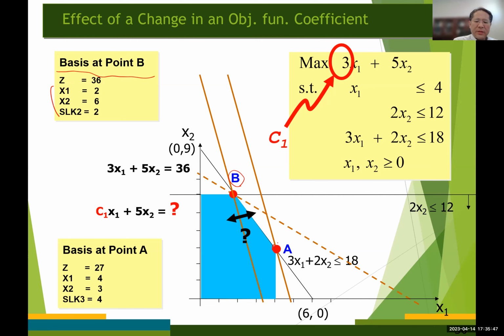But right now, at the new optimal point A, the basis is different, right? So we may say that if the objective coefficient change goes beyond the allowable range, then the basis will be changed.